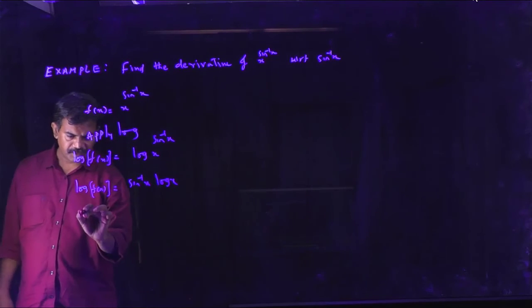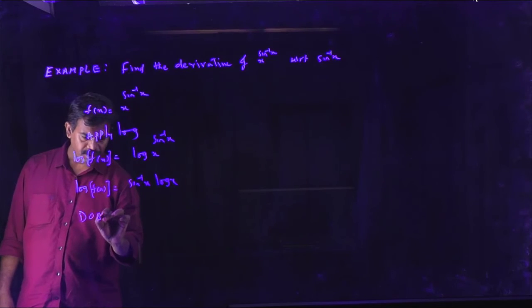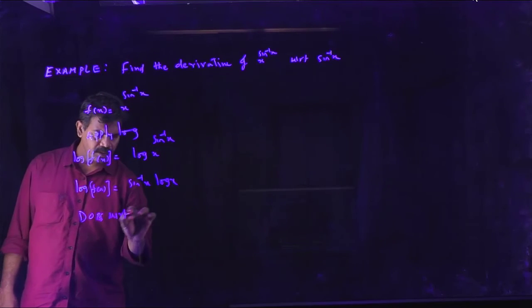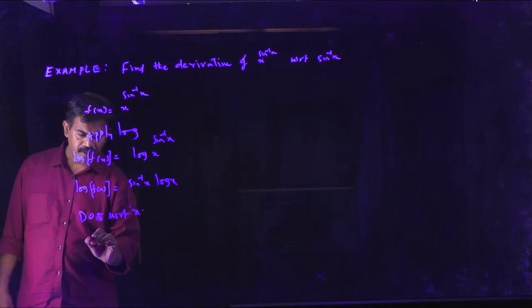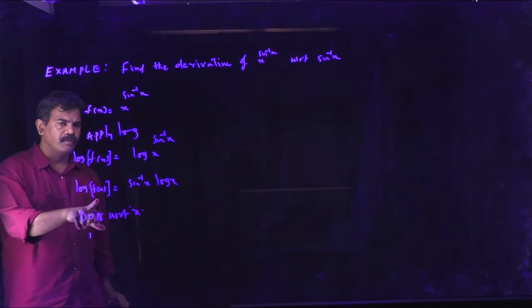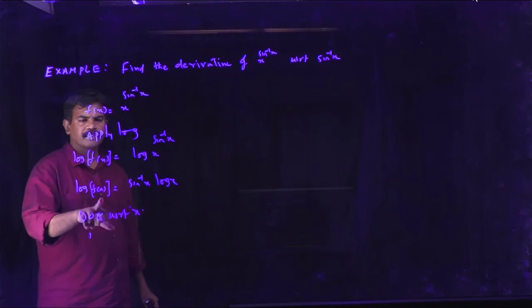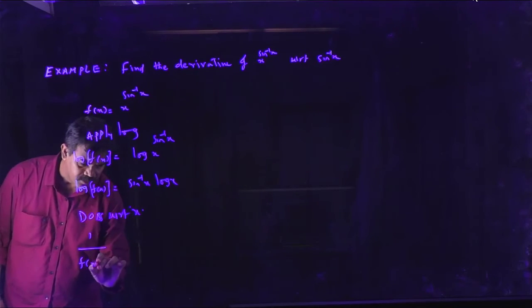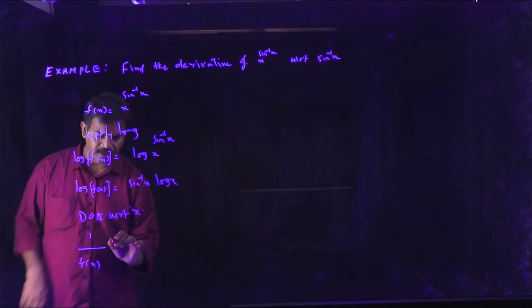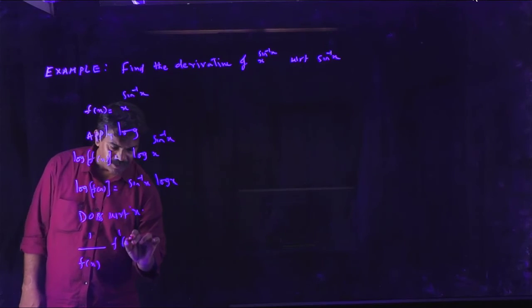Now take the differentiation on both sides, that is, differentiating on both sides with respect to x. It is in the form of log f of x. Derivative of log f of x is 1 by f of x into derivative of f of x, that is f dash x.